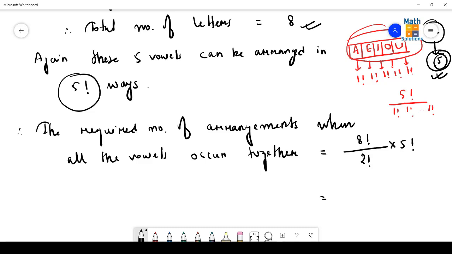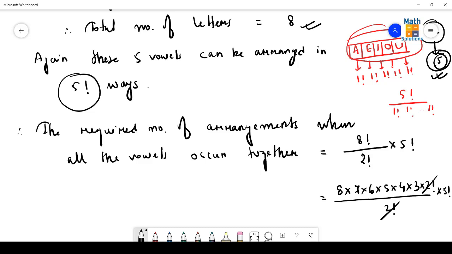So after complete cancellation and reduction, we shall be getting 8 into 7 into 6 into 5 into 4 into 3 into 2 factorial divided by 2 factorial into 5 factorial.